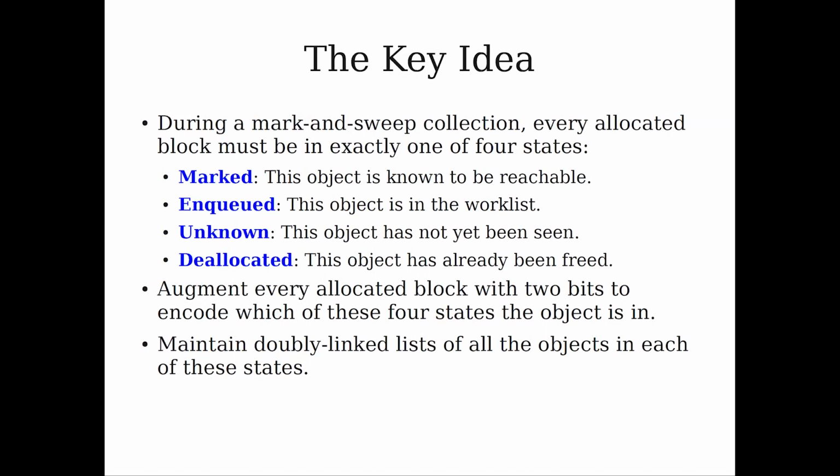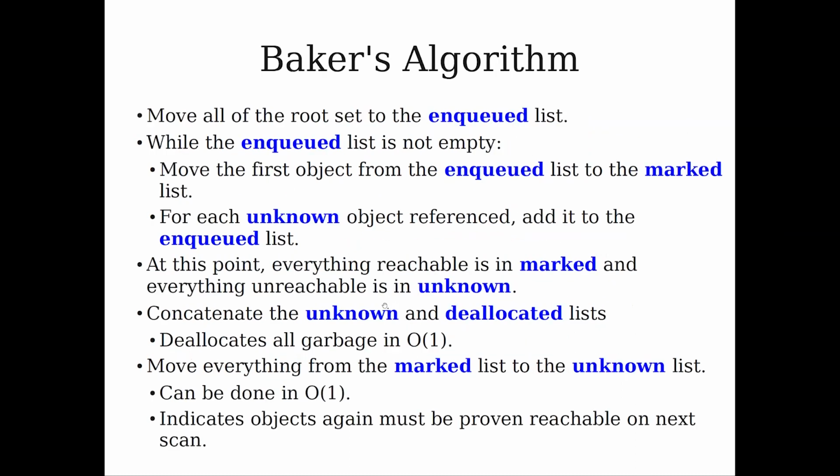Okay. So there are some implementations which can improve mark and sweep. I'm not going to go into detail. It's called Baker's algorithm, which takes advantage of the status of each object and creates a linked list of these objects. So it does not maintain an explicit work list.